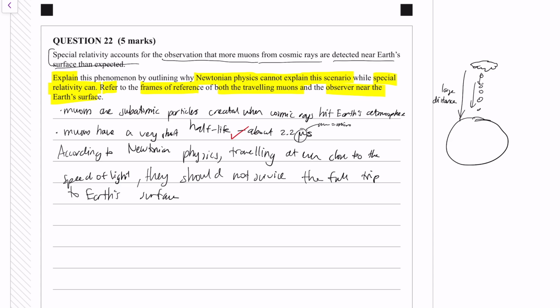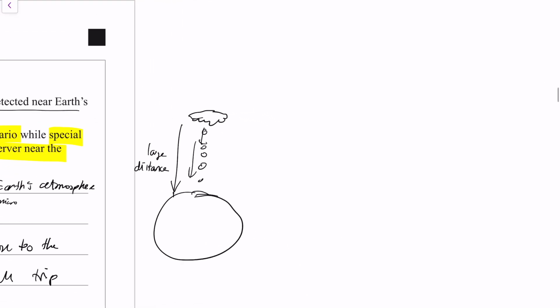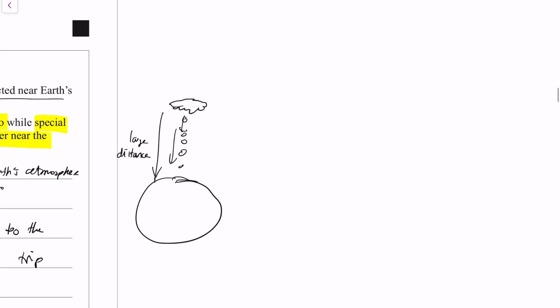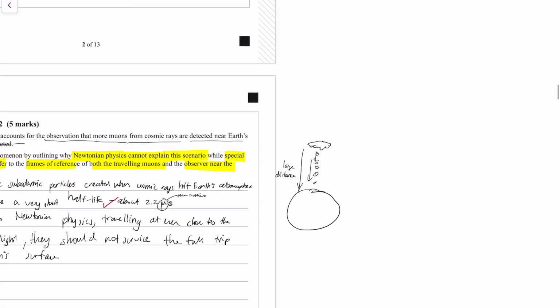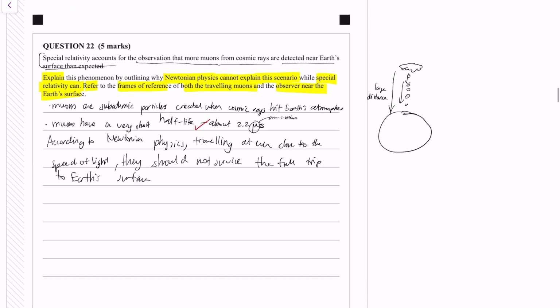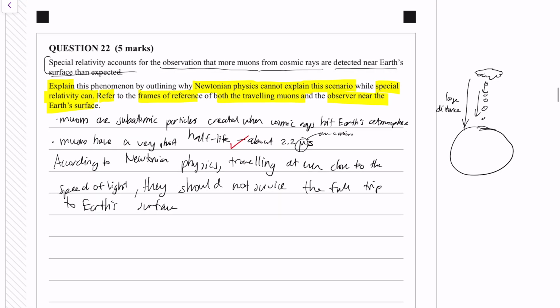Okay, because these muons are decaying with a very short half-life very rapidly, and they have to travel from cosmic rays in Earth's atmosphere, or like beyond Earth's atmosphere, and they have to travel this large distance to get to the Earth's surface. According to Newton's physics, they should not make it in time. All right.